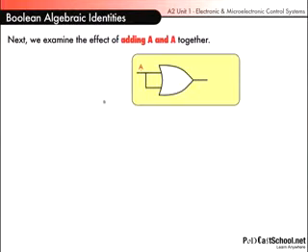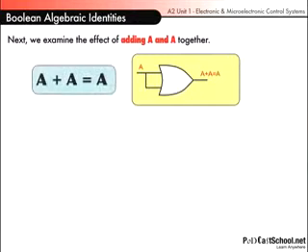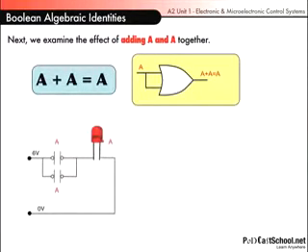Well, if A were a 0, that must mean that both inputs would be a 0, therefore our output would be 0. If A were a 1, then both inputs here would be a 1, and again our output would be a 1. So I think you'll agree that A ORed with an A must equal an A. It's the same. And there you have the identity. Okay, that's our third identity for addition.